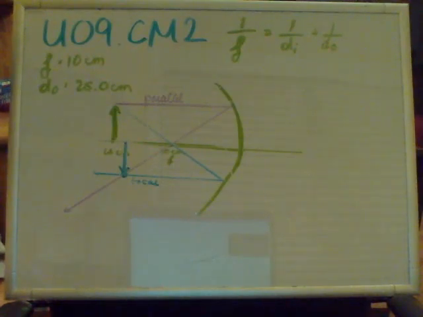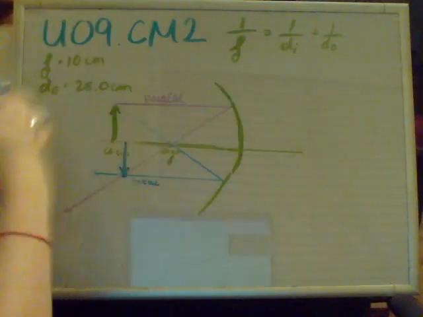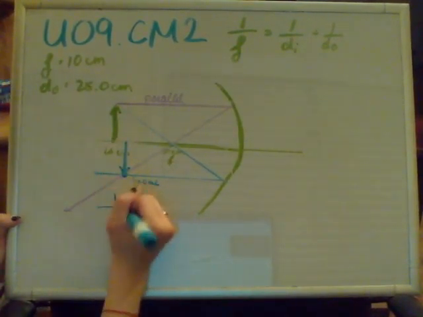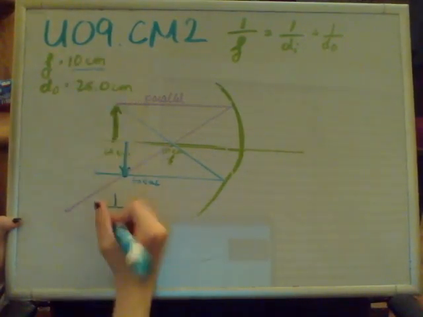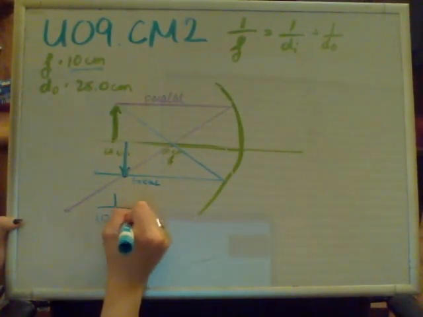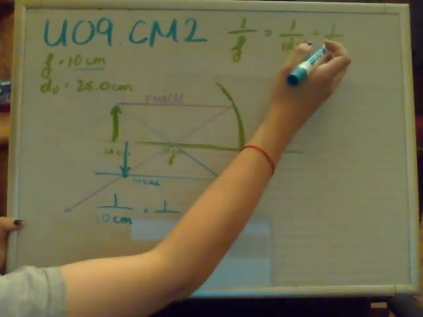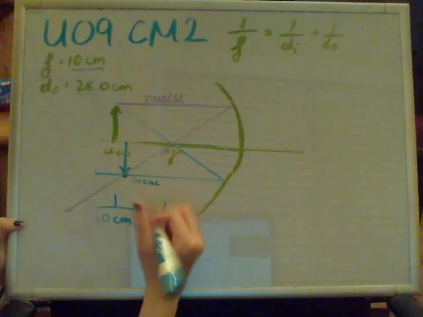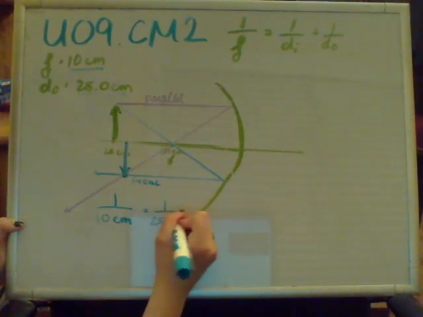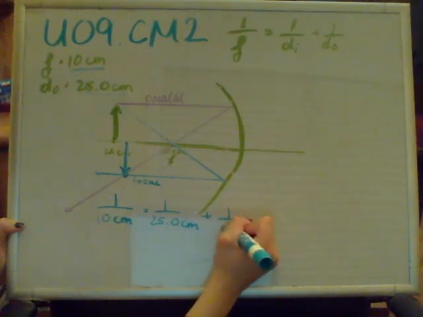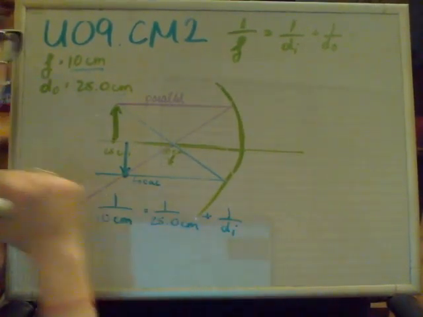We can now calculate the distance of the image by using our formula up here. 1 over f, which in this case is 10 centimeters, so 1 over 10 centimeters equals 1 over do, the distance of the object, which is 25.0 centimeters, plus 1 over di, the distance of the image, but we don't know that yet.